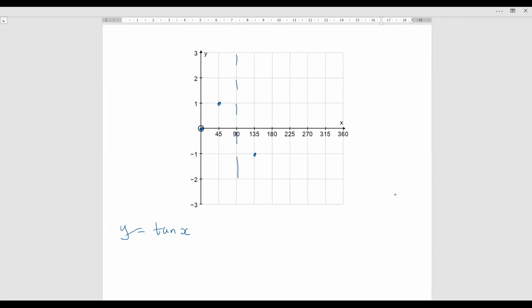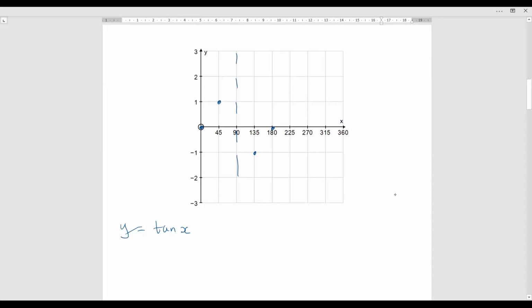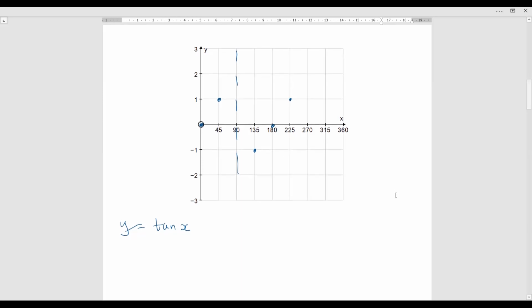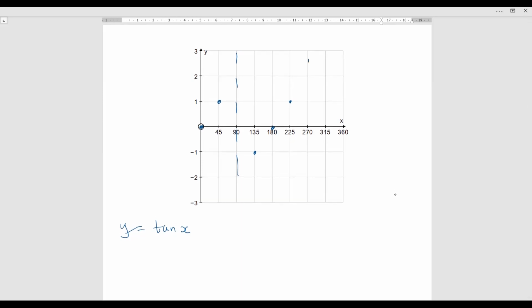On 180, I'm getting 0. On 225, I'm getting +1. On 270, I'm getting an error, so an error means that's an asymptote. At 315, my calculator tells me -1. And at 360, my calculator is telling me it is 0.